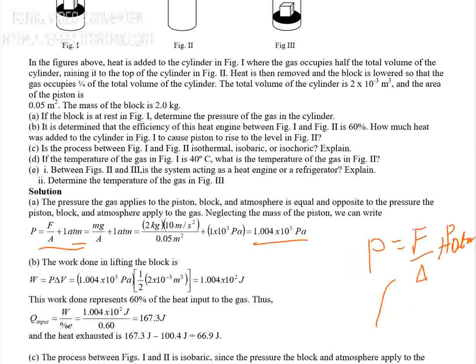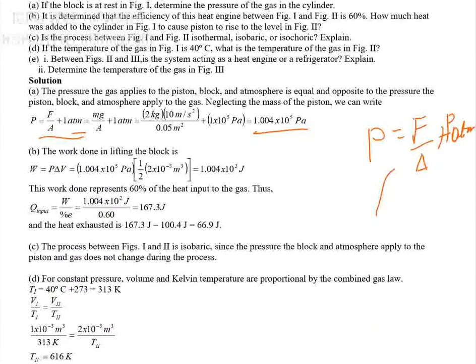In the second diagram, from half it moves to total. That means from half to total increased. Therefore, work is equal to P times change in V. The pressure is known, we calculated it here. Therefore, 1.004 times 10 to the power of 5 Pascal, and half of the total volume. Change in V is half, because from half to total, therefore half of 2 times 10 to the power of -3 cubic meters.